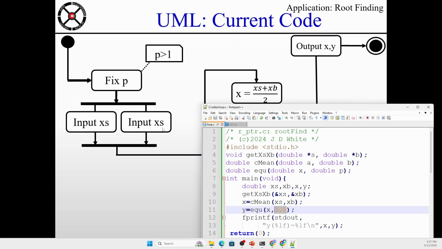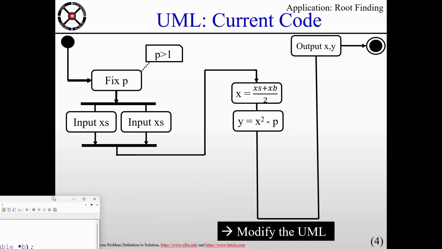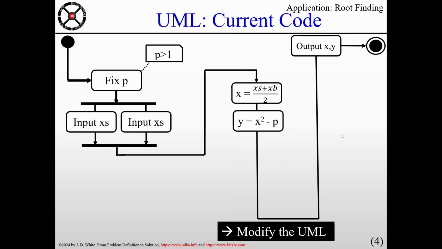Oops, my mistake, XS and XB I input, and then I calculate the middle. I called equation for y equals x squared minus p, then I output x and y, and then I did the job of trying to figure out what my next x would be. We want to modify this UML. So we're going to want to put a loop in here.